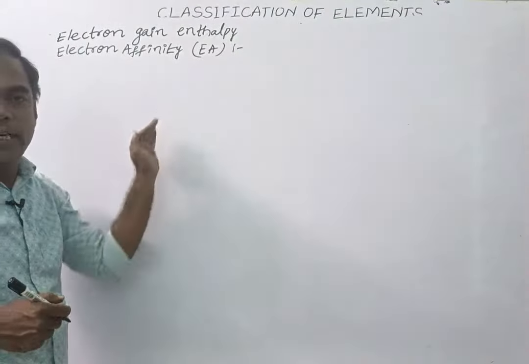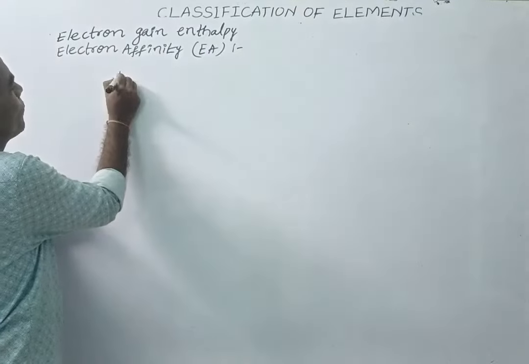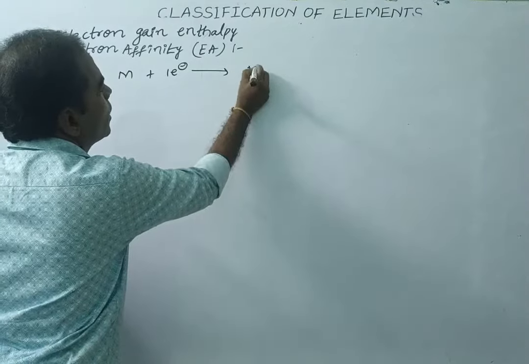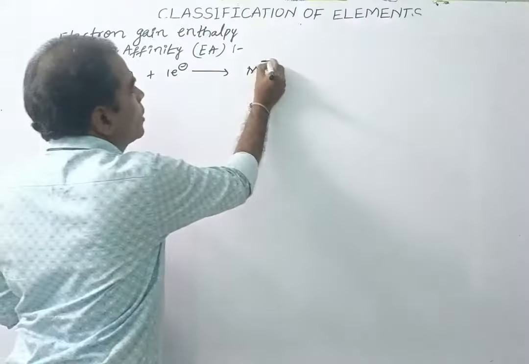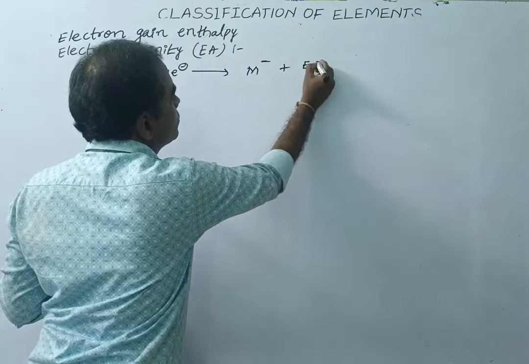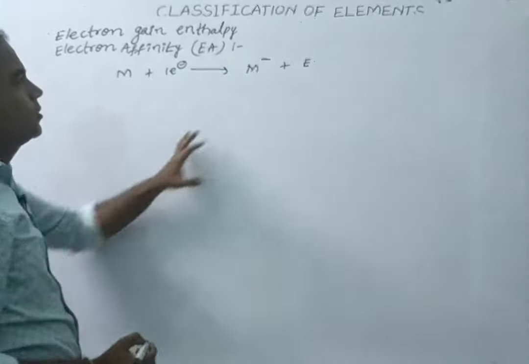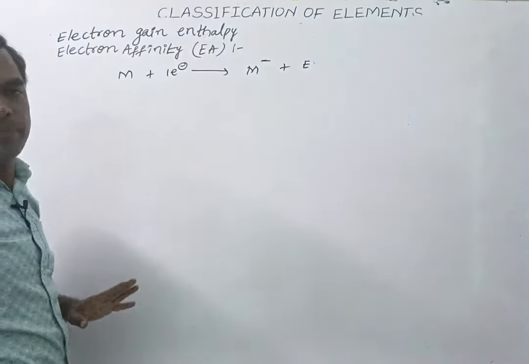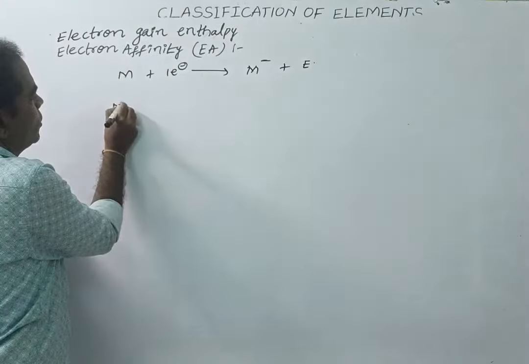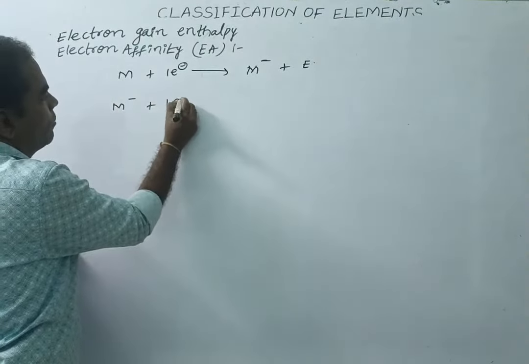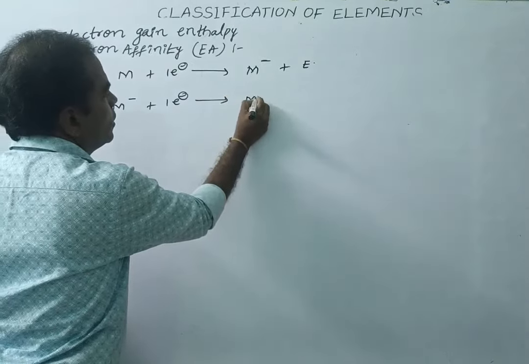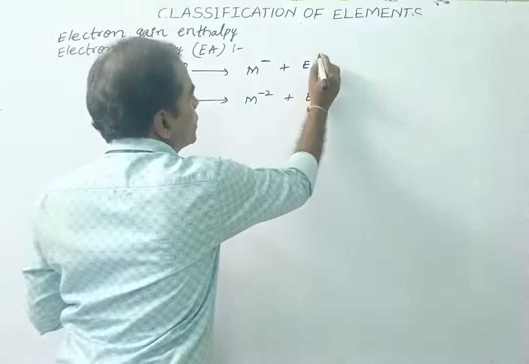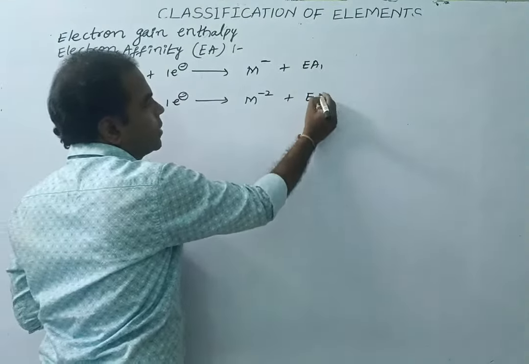When an electron is added to the neutral atom, it takes the electron, converts to a negative ion, and releases some energy. This is known as first electron affinity or first electron gain enthalpy. Now, if we add one more electron to this uninegative ion, M minus 2, energy is also involved. This first one is EA1, first electron affinity, and this is EA2.